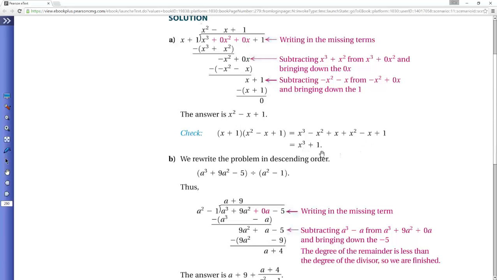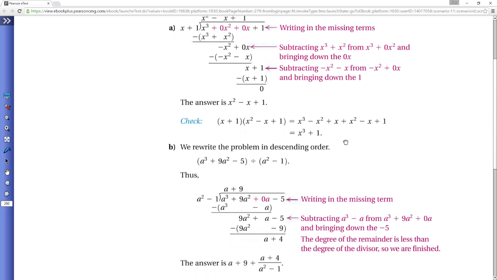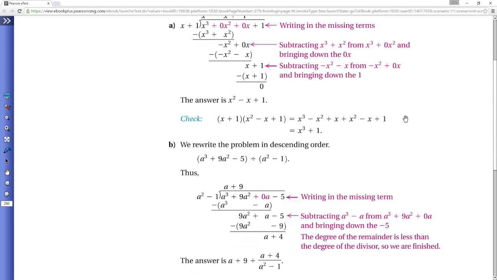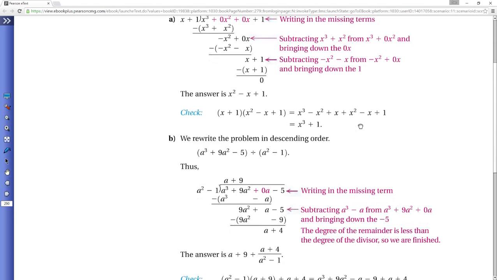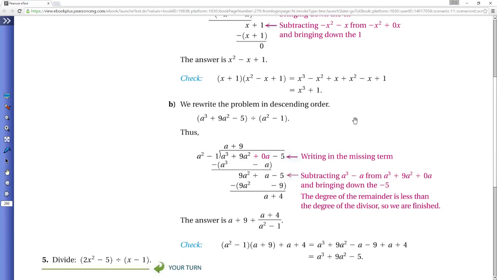I end up with x cubed plus 1. In fact, they're going to actually use this as a pattern that we're going to go through at some point of dealing with these kinds of things, x something cubed plus something cubed. There's actually a pattern to factor those and so on. Just a little note going into next chapter.